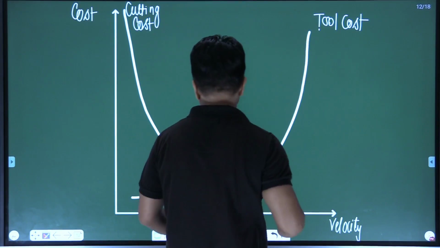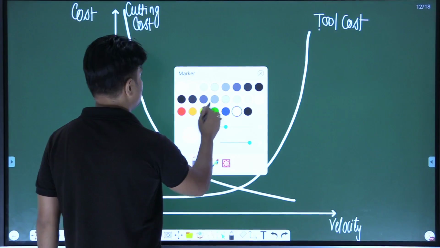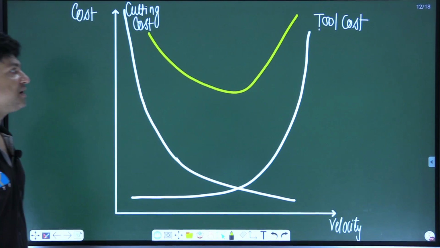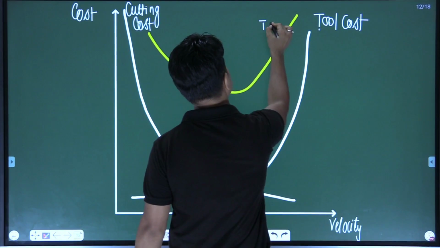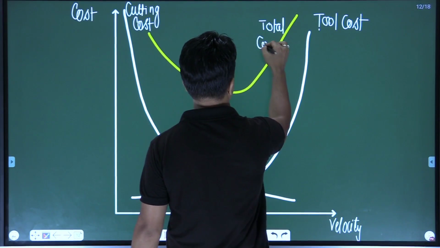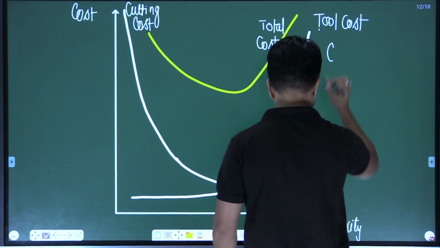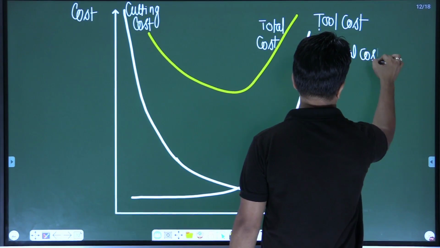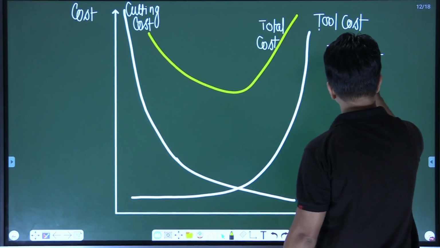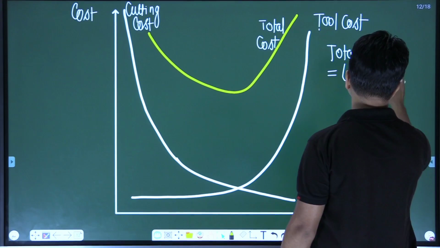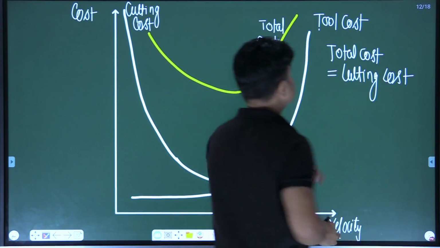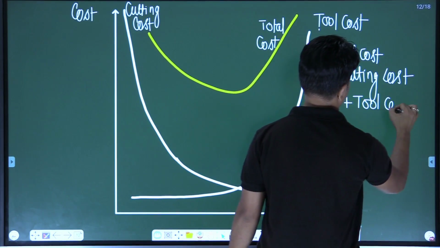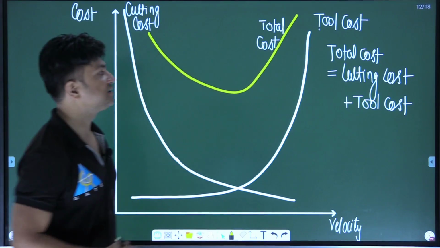So basically the total cost is the sum of your cutting cost plus tool cost. This is the total cost.